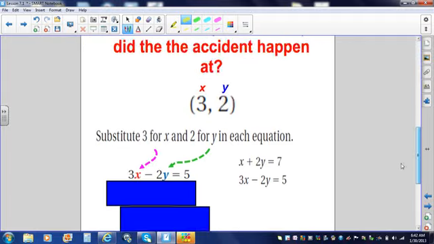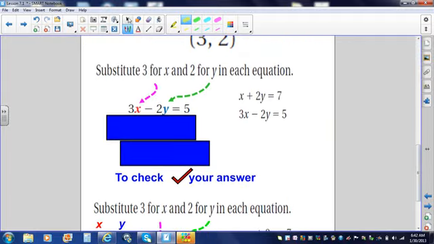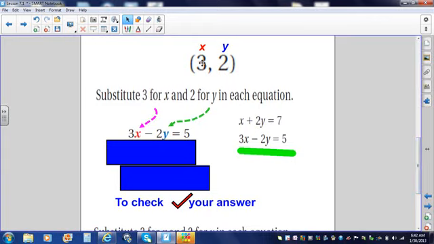So here's how you can check it. If you would, please write down this equation: 3x minus 2y equals 5. To check it, we are going to substitute, plug and chug, put 3 in for x, and we're going to put 2 in for y.